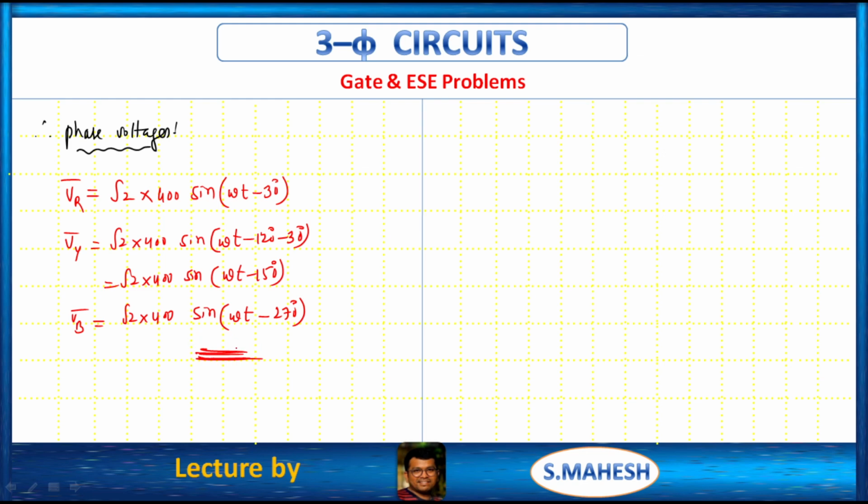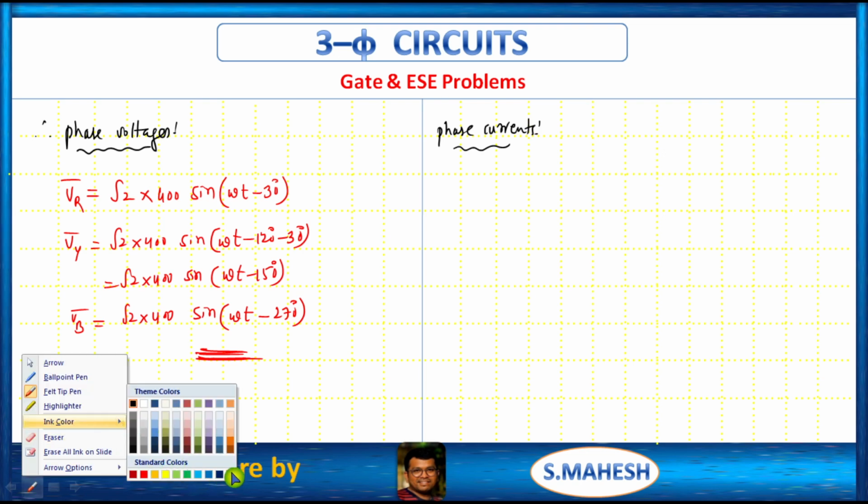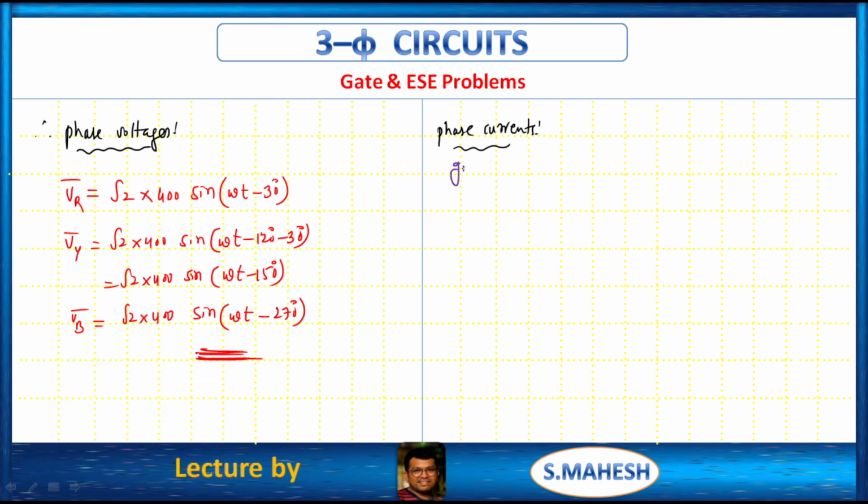Now we have to get the phase currents. We all know that in case of star connections, phase current is equal to line current. Now it's clear. Given that phase current lags phase voltage by 30 degrees, right?